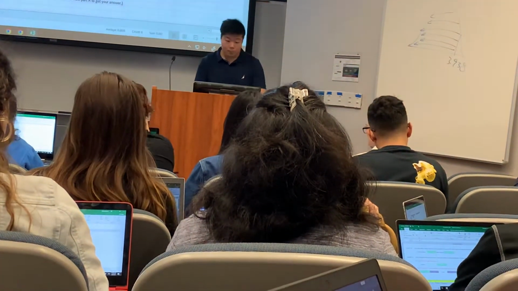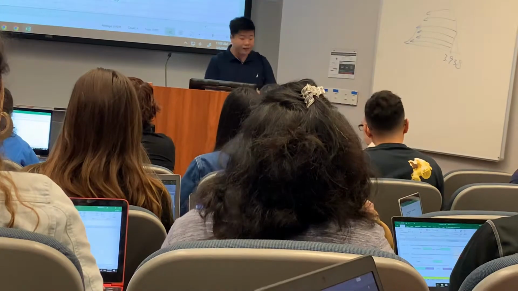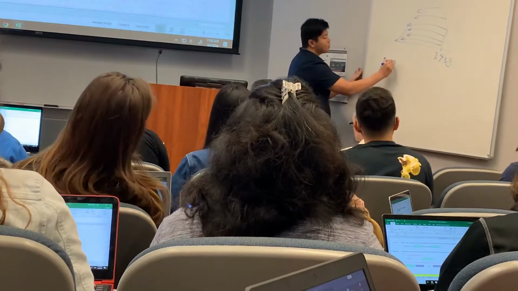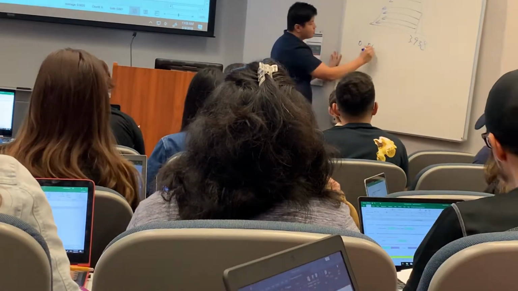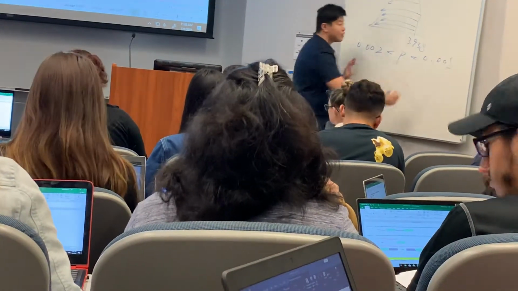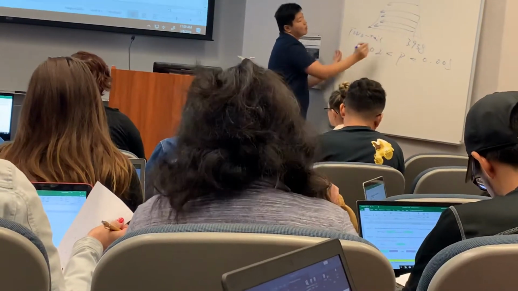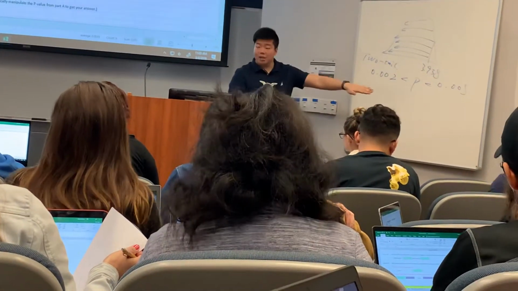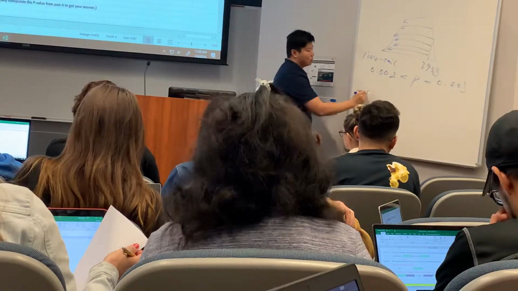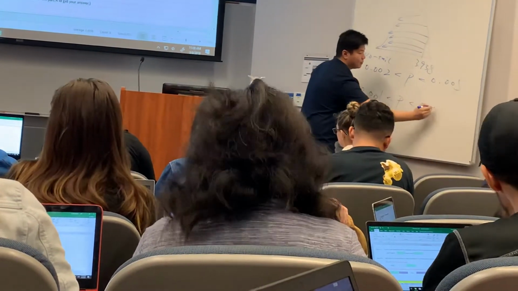So, how can I do it? So first of all, I divide, so this is 0.002 to 0.005. This is for two-tail task. We always divide that p-value by 2. That's my first step.